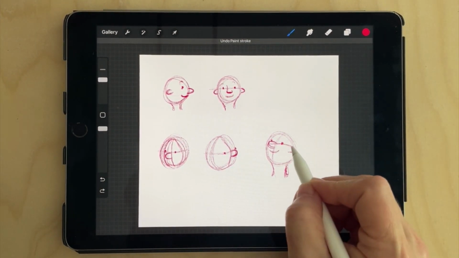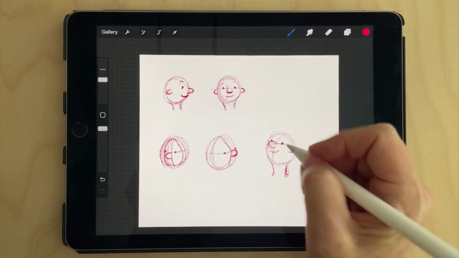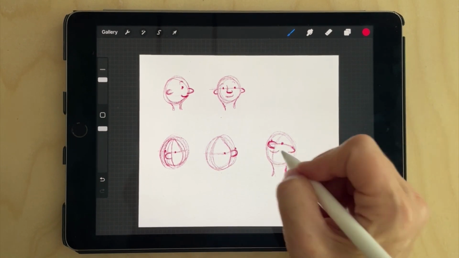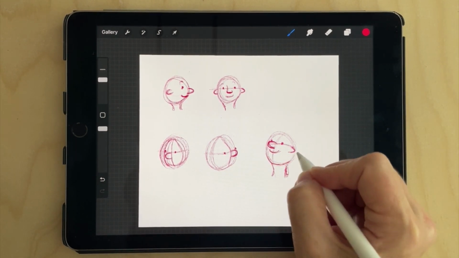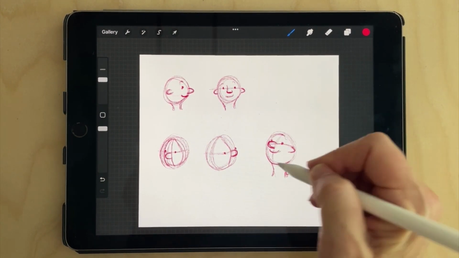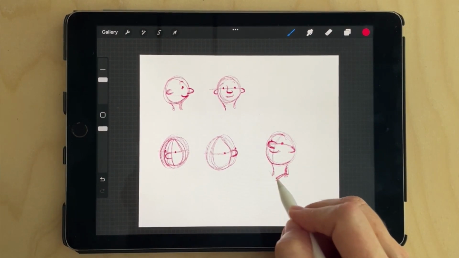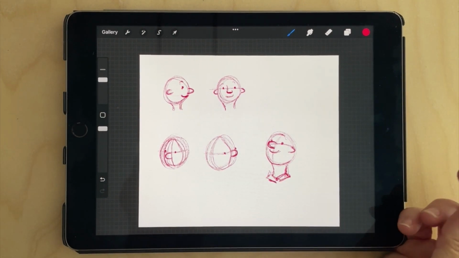I tend to position the top tip of the ear on the eye line and then the eyes also along it. And this nose is pointing upwards, so he's looking up. We've got a whole load of chin below here, and we don't see quite as much of the top of his head because we're looking up at him like that. And he could have a collar or something like this. And that would be a head.